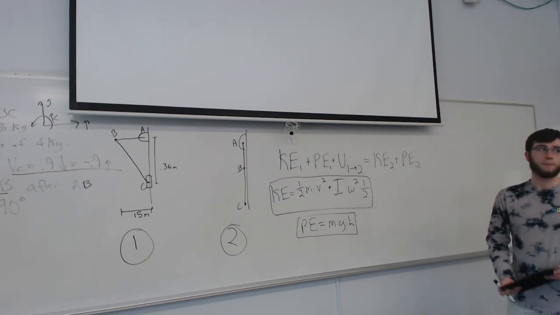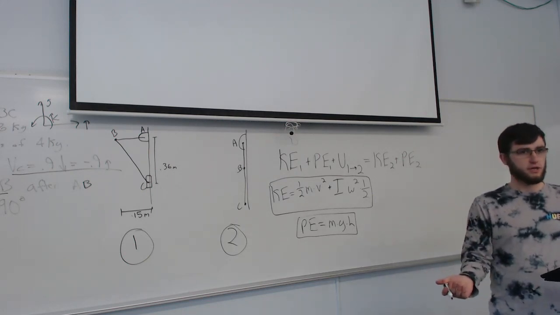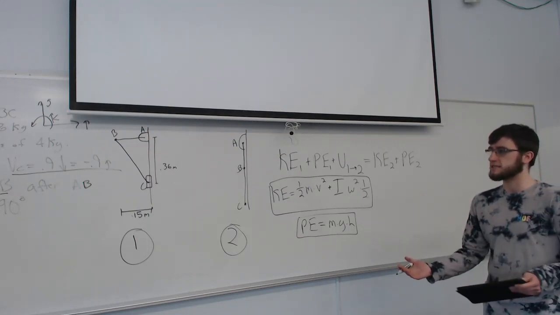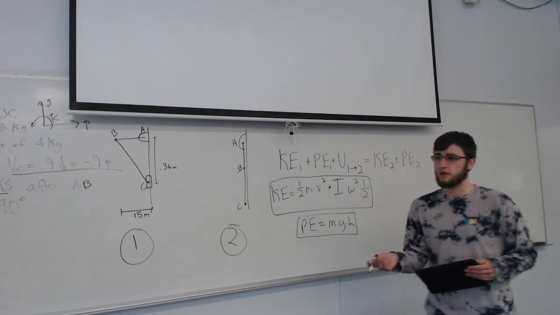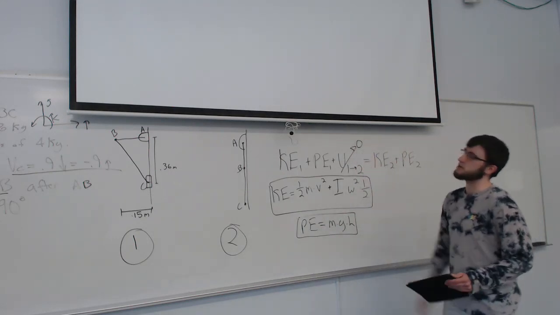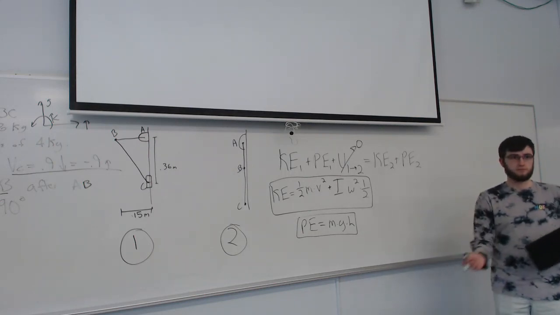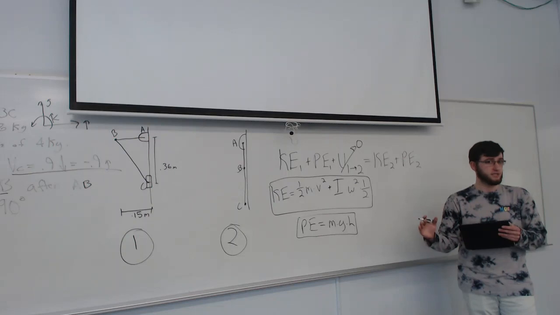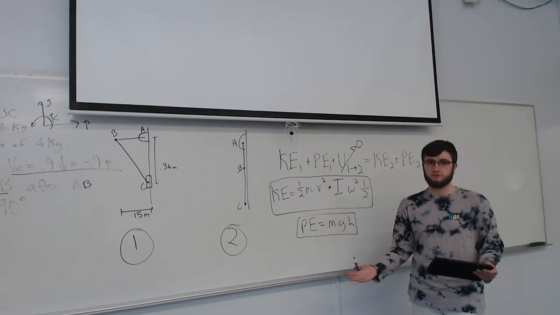And we are not told about any applied forces, or any distances in terms of an applied force. We're not told about friction, and friction being applied through a distance. So the work term goes to 0 just for this problem, because work is force applied through a distance. We're not told that there's any force, and we're not given a coefficient of friction.